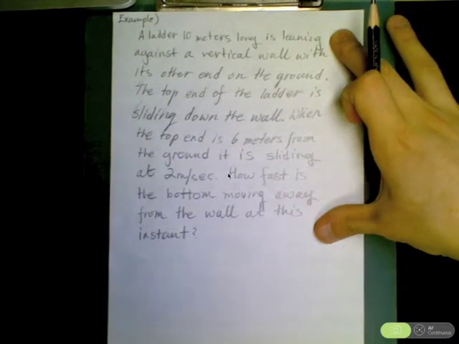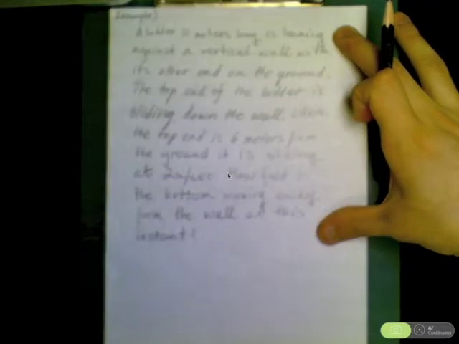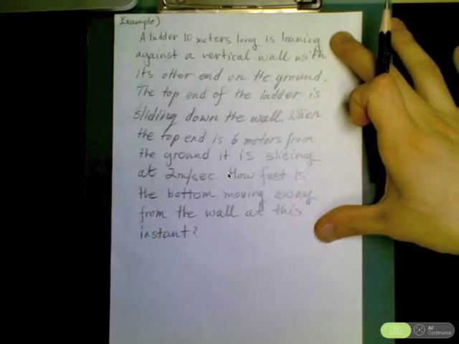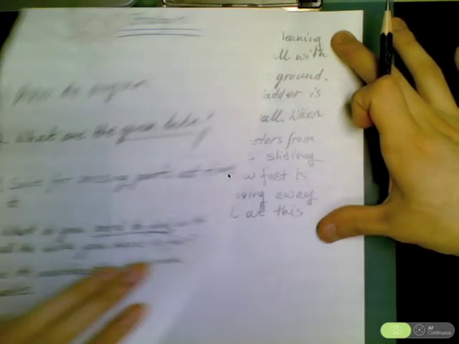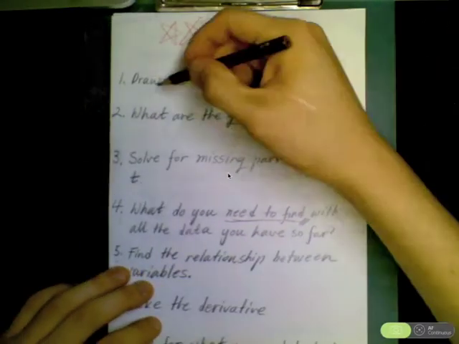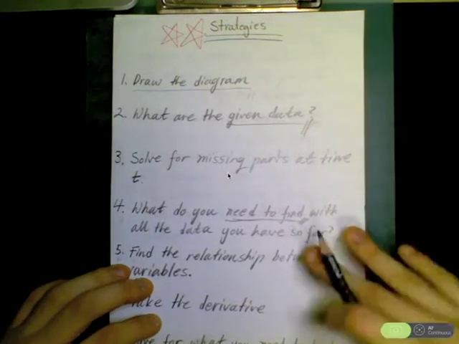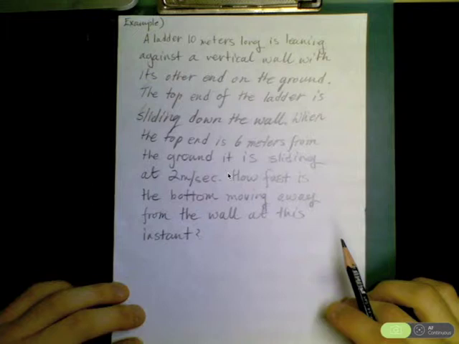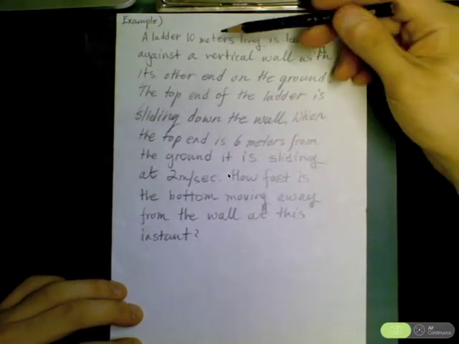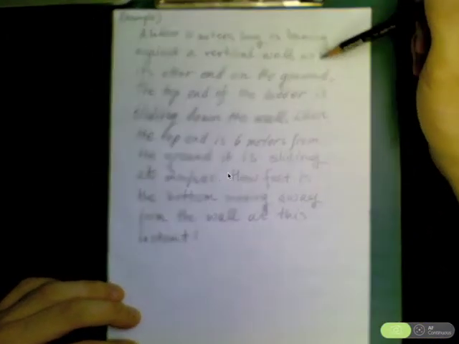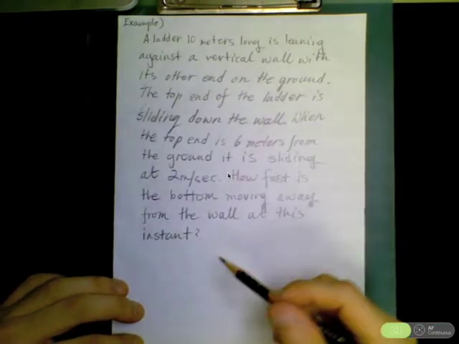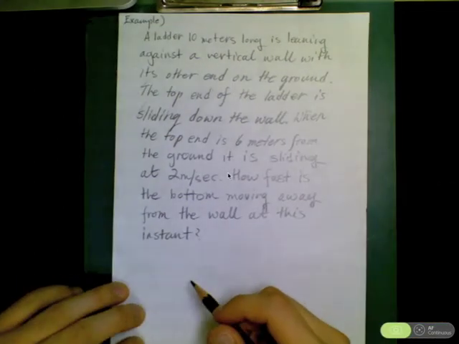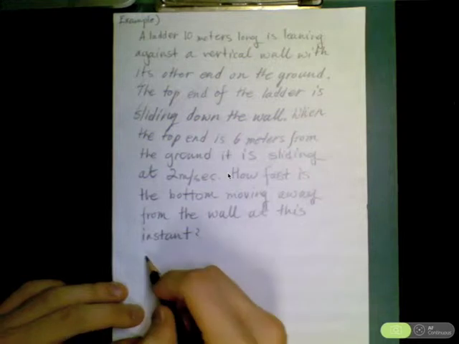And if you recall our 7 steps, I'll bring it back here. It says draw the diagram. Okay, so let's draw the diagram. The problem said a ladder 10 meters long is leaning against the vertical wall with its other end on the ground. So you have to draw a ladder leaning on a wall.